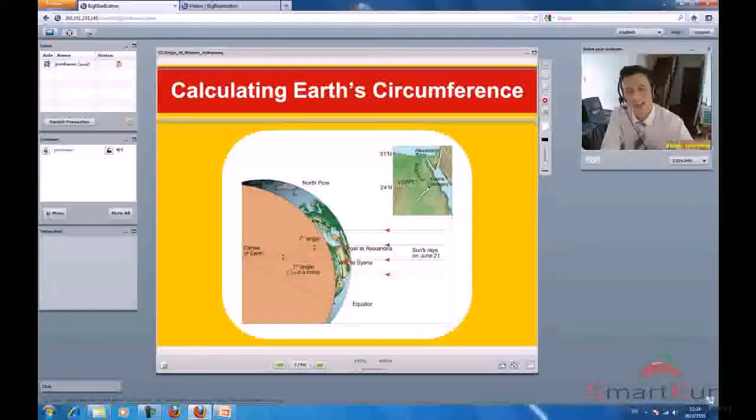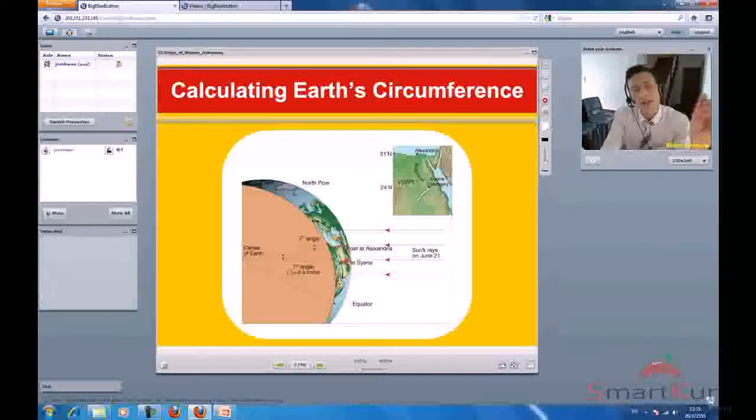So he realized that the distance from Syene to Alexandria covered a 7-degree angle on the surface of the Earth. Now remember that a circle is 360 degrees.